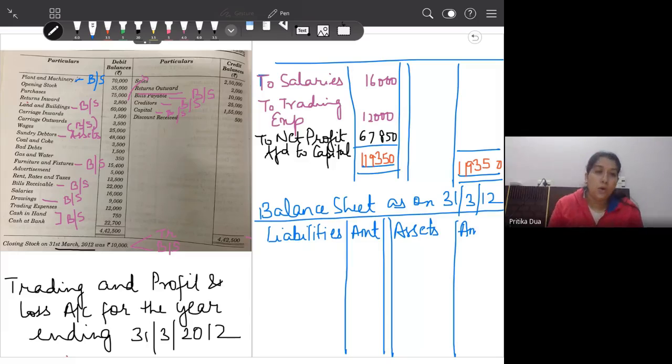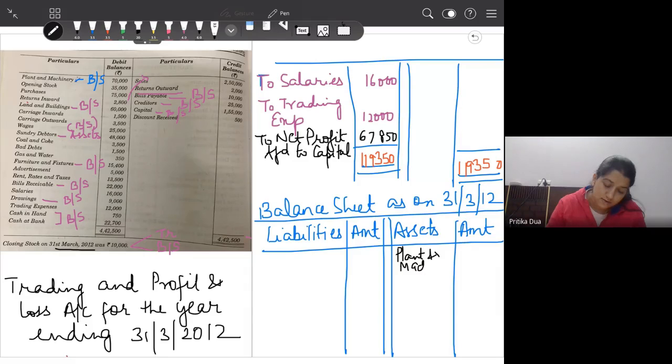Whichever are long term liabilities or assets, first we will write them and then the short term. So let's start from the debit balances. First thing given is plant and machinery. So this is a fixed asset, long-term asset for the business. Plant and machinery 70,000. Then land and building.